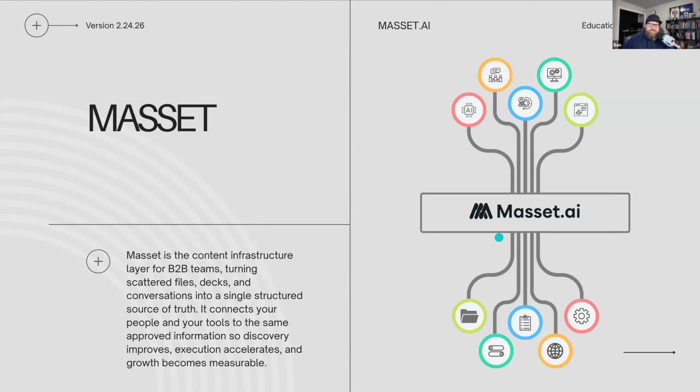Masset is a central source of truth, bringing it into one place, letting you do version control, give access, and understand it through AI understanding, all sorts of really cool, powerful tools to make sure it's the right, accurate content. And then we use cool technology to push that out to your AI agents, your bots, your AI systems, your teams, all that kind of fun stuff. And that's probably all I'll talk about Masset. We're nerdy on that front. We work with B2B businesses, typically from 250 to 2,500 employees.